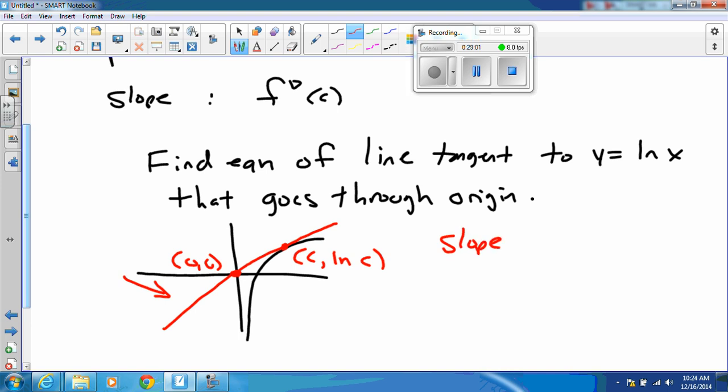First of all, because I know 2 points, 0 comma 0 and c comma ln c, I can say that the slope must be equal to change in y over change in x, just like so. But also, because the line is tangent to the graph, I also know that the slope is equal to the derivative of natural log x evaluated at c, which is 1 over c.